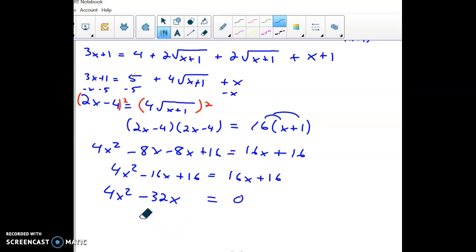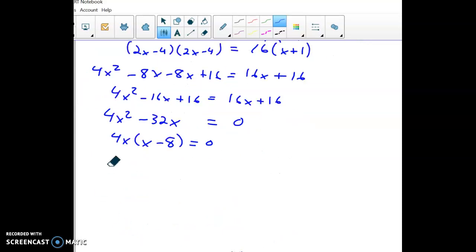This is going to end a lot like the last one. So to solve this, we can GCF factor. So pull out a 4x, and then set the two parts to 0. If we set 4x to 0, divide by 4, we get 0 as one answer. And then x minus 8, set that to 0, and we get one more answer of 8.